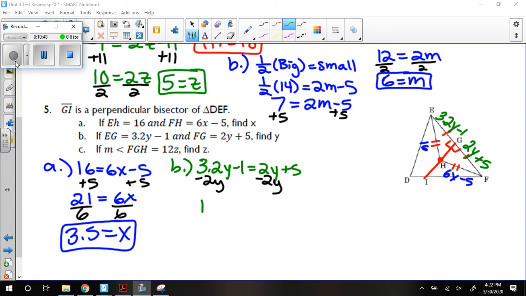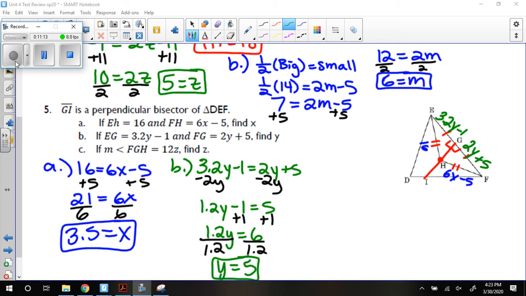We get 1.2y minus 1 equals 5. Add the 1. 1.2y equals 6. And if we divide by 1.2, 6 divided by 1.2 is 5. Okay, so y is 5.